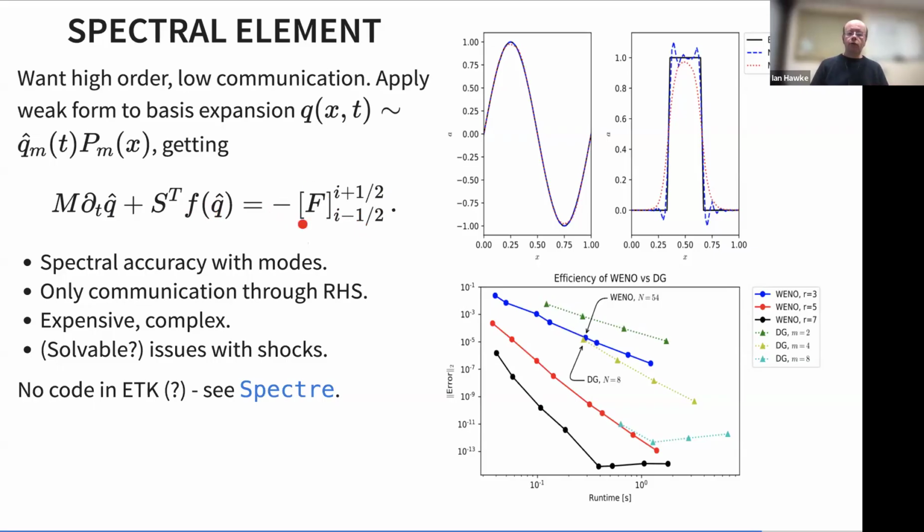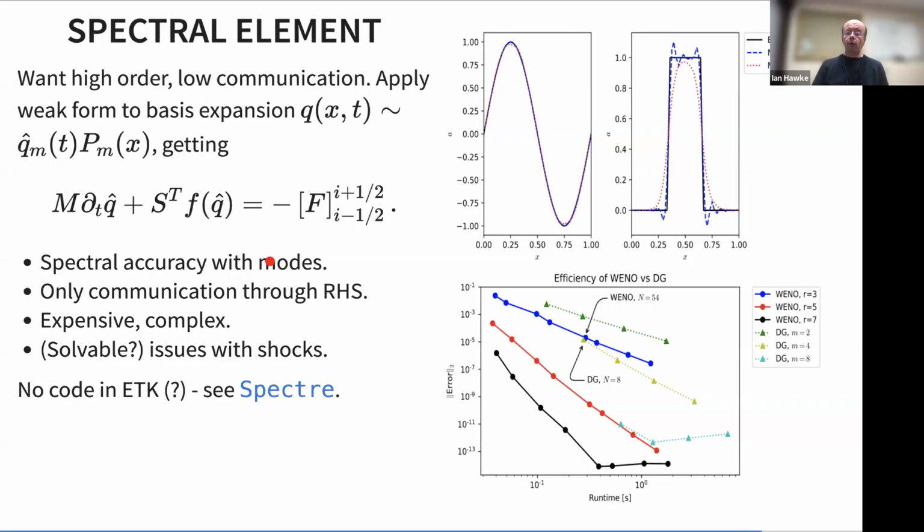Only the term on the right-hand side communicates with neighboring cells, and therefore only this needs to consider stuff that might be living on another processor. So the huge advantage of spectral element methods is that they are very local while still managing to give us high order accuracy. As we increase the number of modes, we expect to get spectral accuracy with the modes.